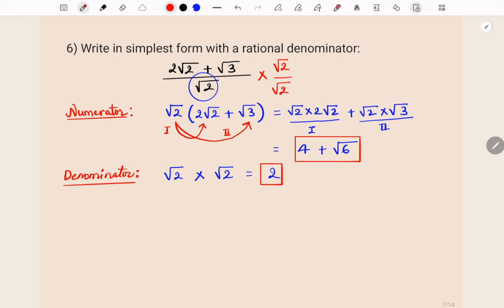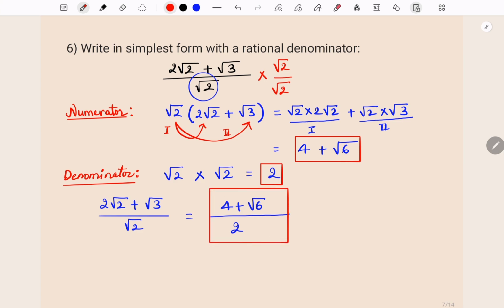So the original fraction, that was 2 root 2 plus root 3 over root 2, can be written as the new numerator is 4 plus root 6 and the new denominator is 2. Look here that in the new fraction, the denominator is a rational number, so we have removed all the surds, and that is why this would be our final answer.